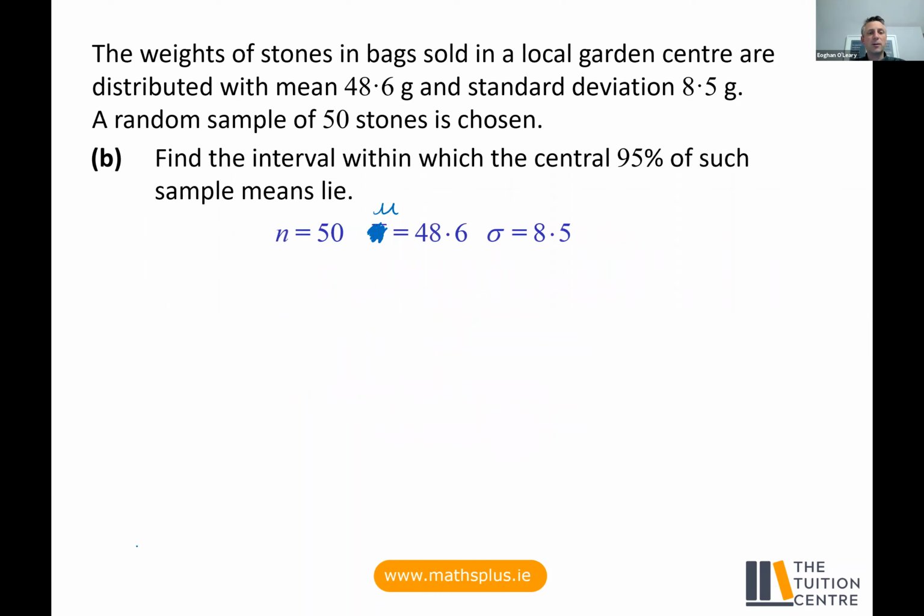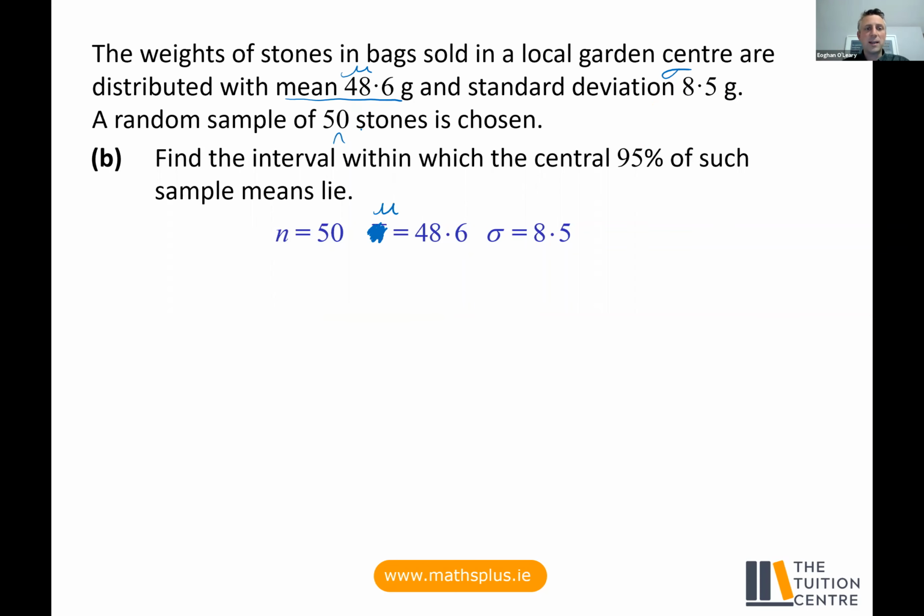Here's where it gets a bit trickier. Find the interval within which 95% of sample means lie, given that the mean weight mu is 48.6, the standard deviation is 8.5, and the sample size is n.